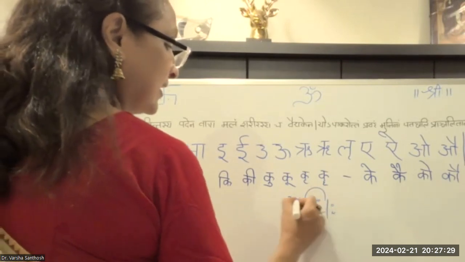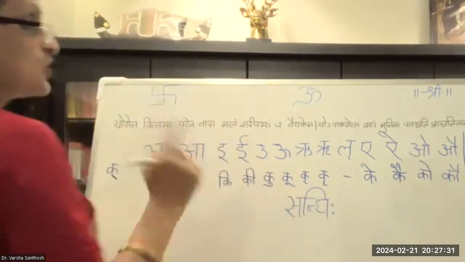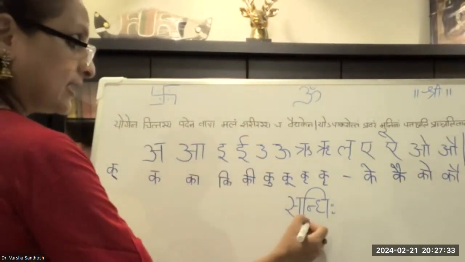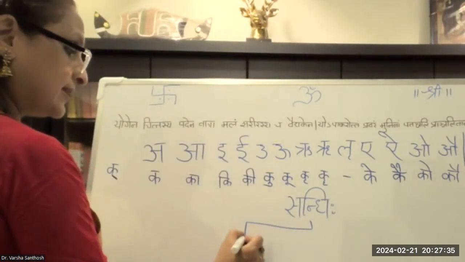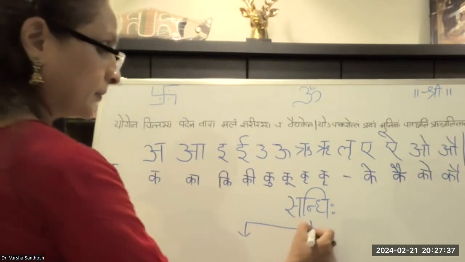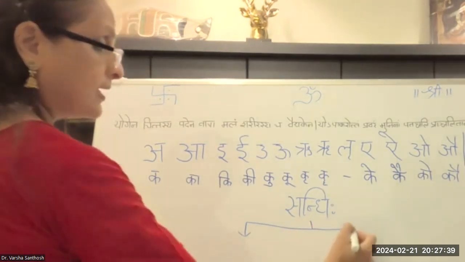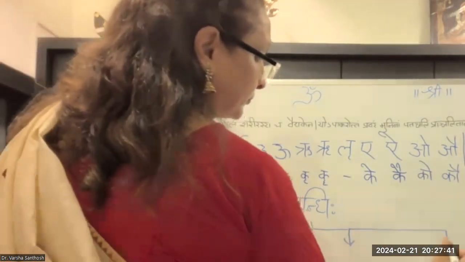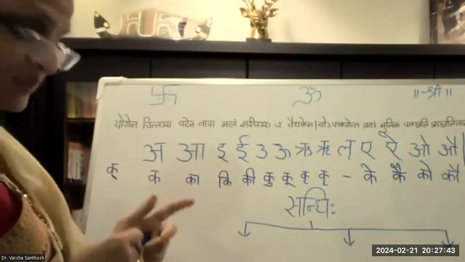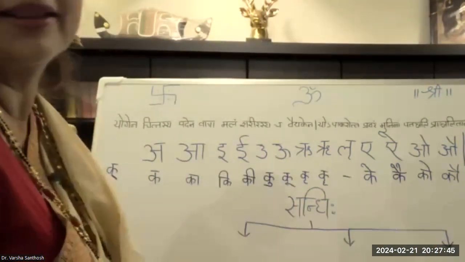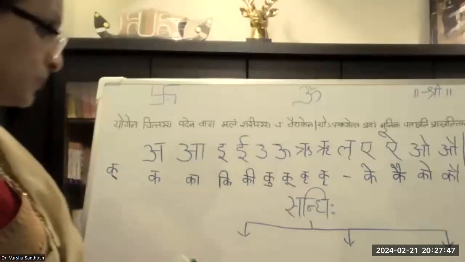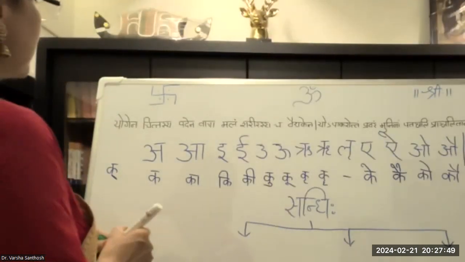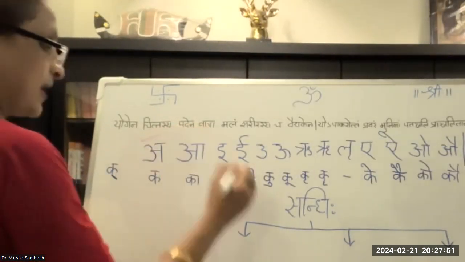This Sandhi, that means the joining of the alphabets, we can say that it can be at 3 levels. But you said there is swara and vyanjana, then what are the 3 levels? The first one which we saw was the swara.